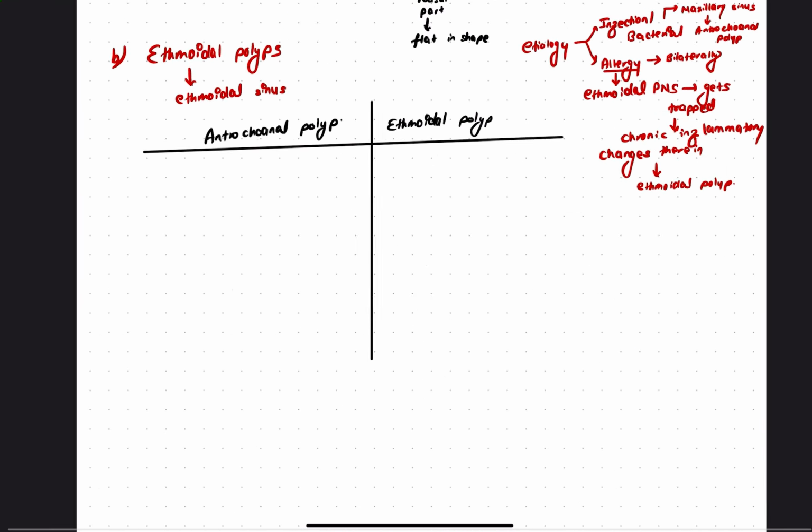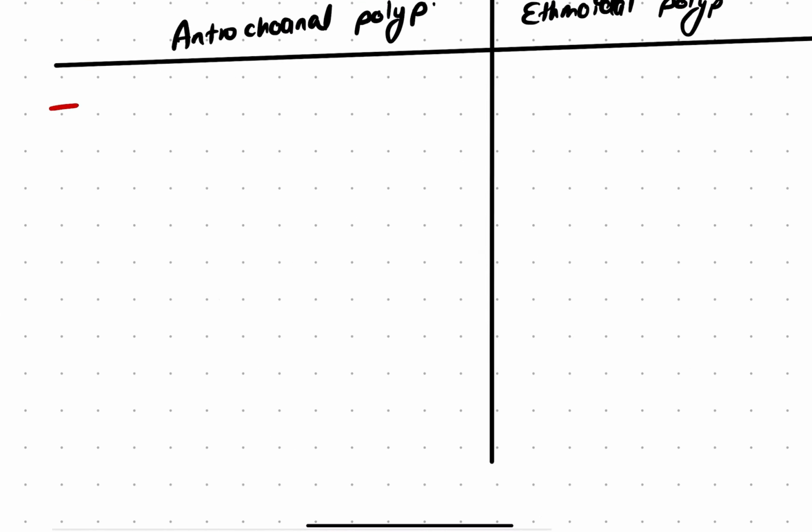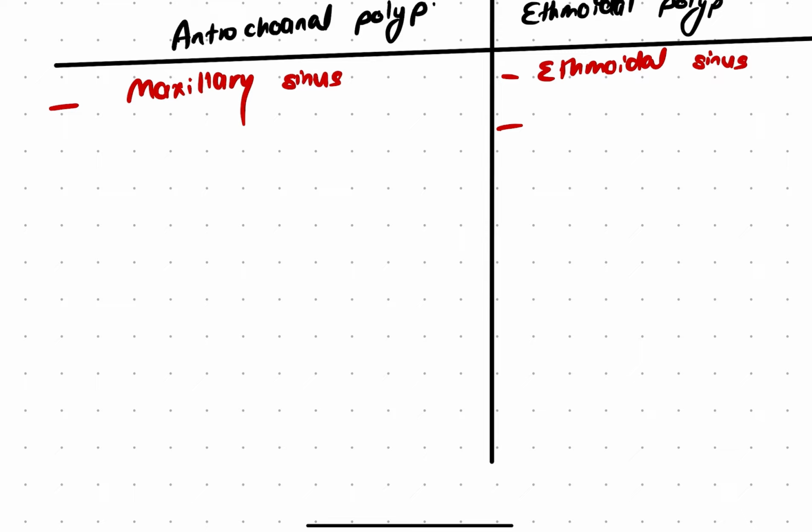The antrochoanal polyp's site of origin is the maxillary sinus, whereas the ethmoidal polyp's site of origin is the ethmoidal sinus. The ethmoidal sinus is most susceptible to allergy, so the etiology is allergy.